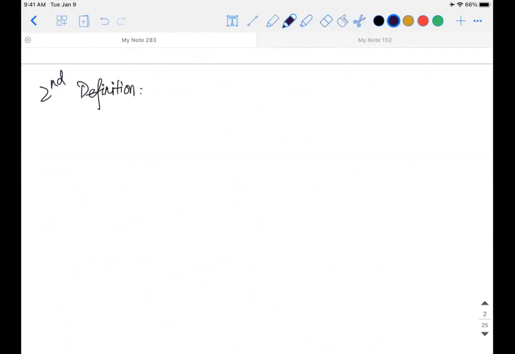The second definition, I think, is more understandable from our high school's perspective. And in order to understand the second definition, we're going to involve the set and also the map. So these are two basic concepts in our high school math as well, right? What is the definition for set? What is the definition for map? This is a higher class. I think you guys already have some basic understanding.